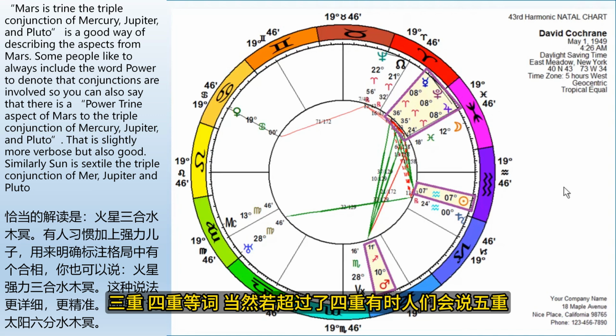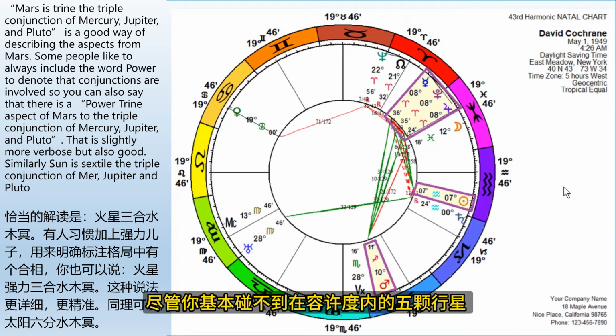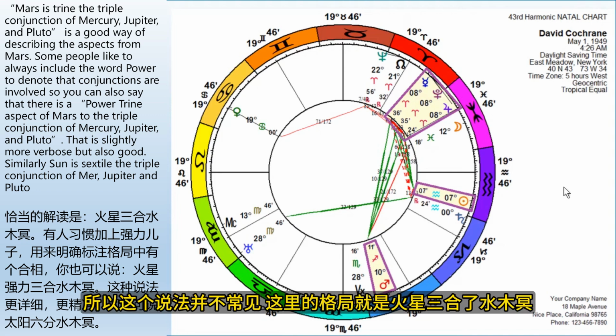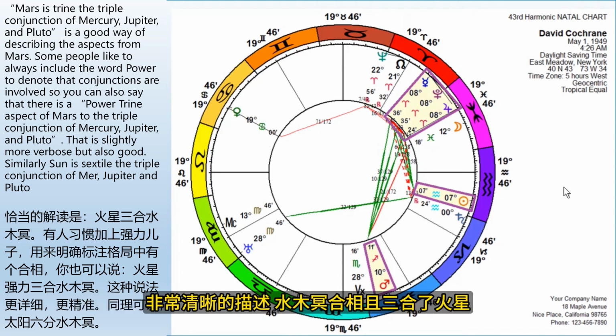So, you know, if you get above quadruple, or sometimes people say quintuple, you almost never have 5 planets within orb anyway, so that doesn't come up much. So what you have here is Mars is trine the triple conjunction of Mercury, Jupiter, and Pluto. That's a nice way to describe it.